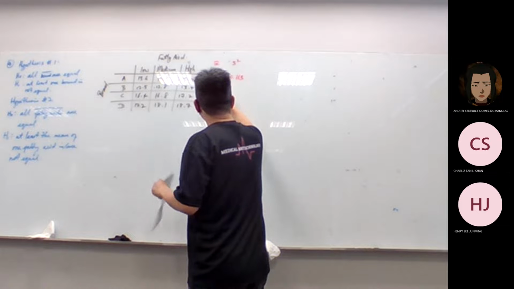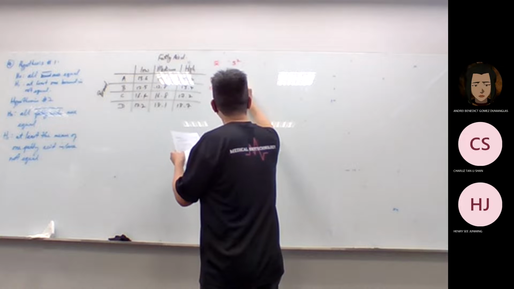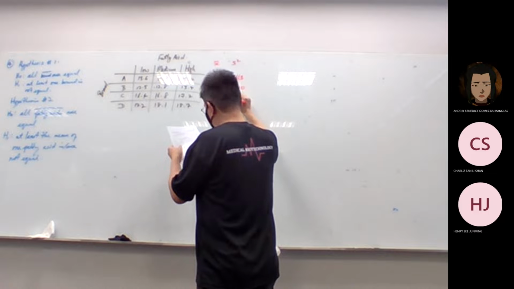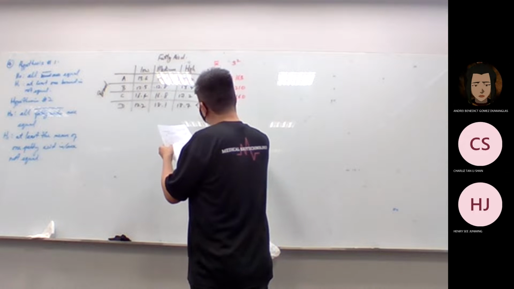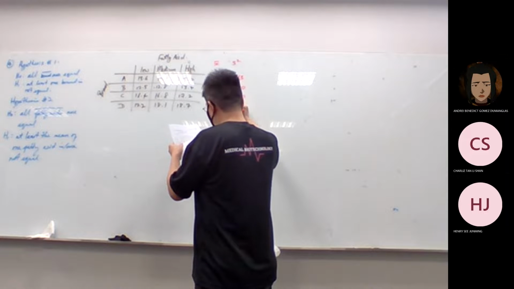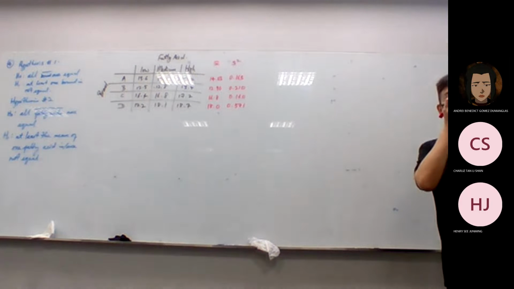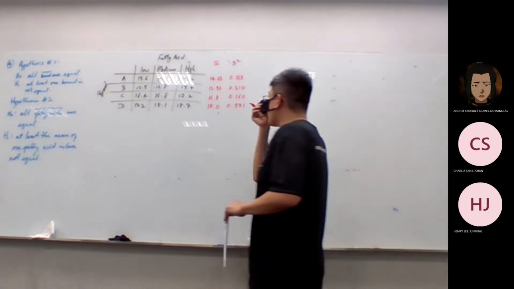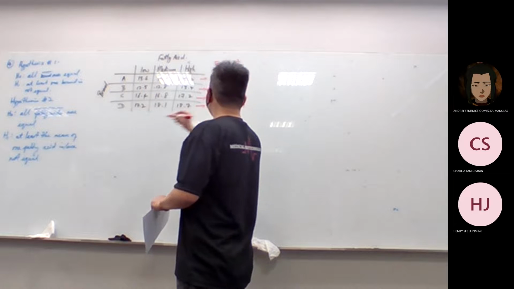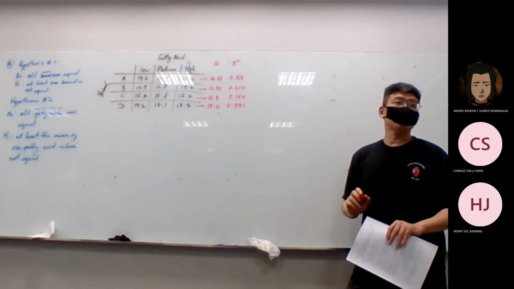That is 12.90, 0.210, 16.8, 0.160, here 18.0, 0.571. Okay. So basically you calculate this position of the row.